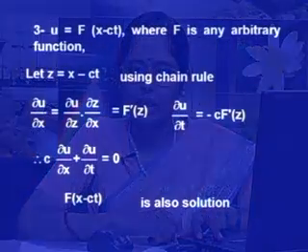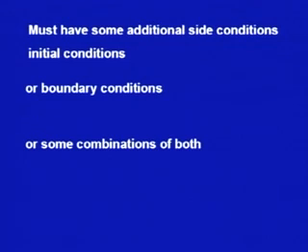Now in a similar manner here, to determine this unknown function f, we require some additional side conditions. They could be in the form of initial conditions, or boundary conditions, or sometimes a combination of both. As in ordinary differential equations, if we are solving a problem with initial conditions, we call it an initial value problem.